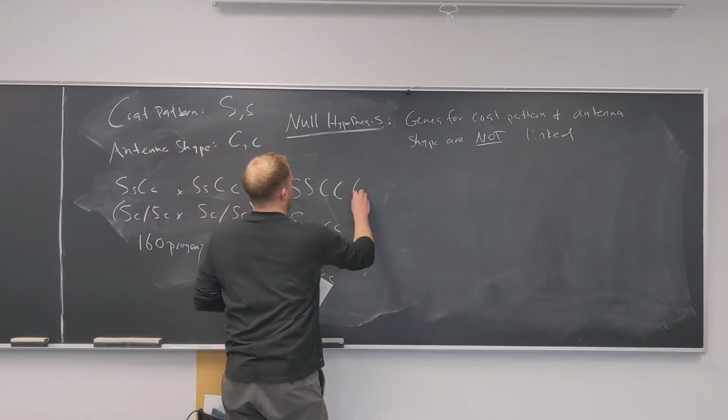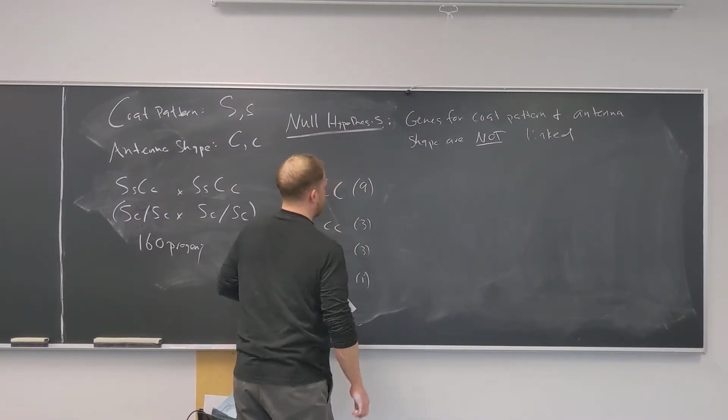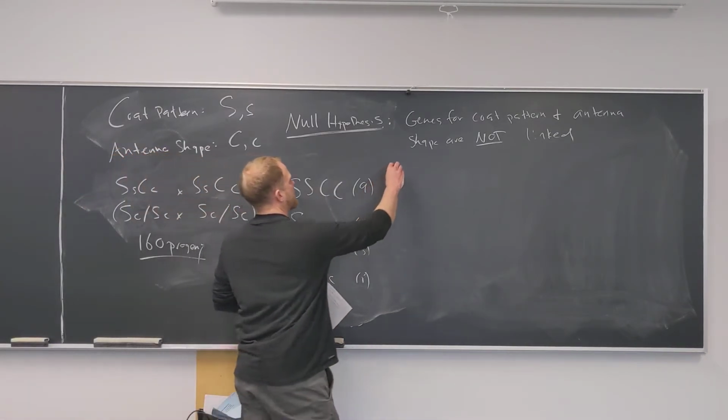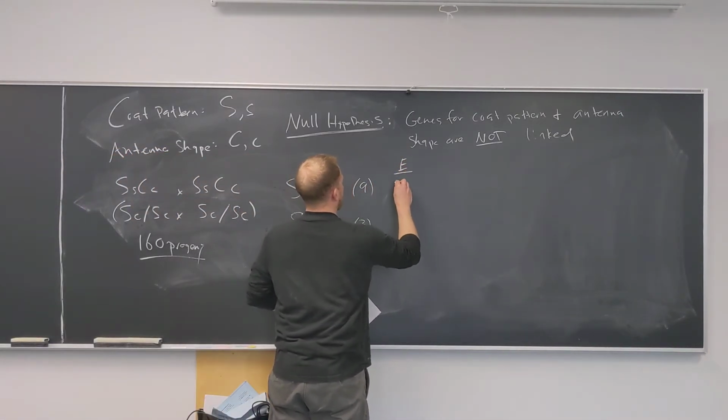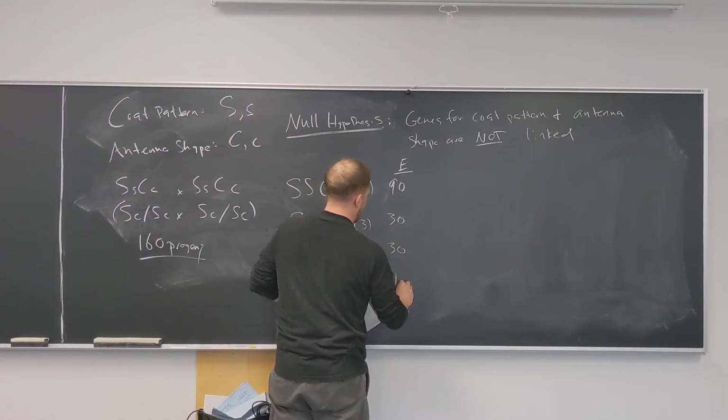We expected to see these in a 9 to 3 to 3 to 1 ratio. So with a total of 160 progeny, our expected for this one was 90, 30, 30, and 10.